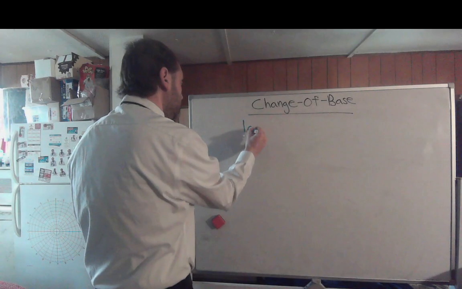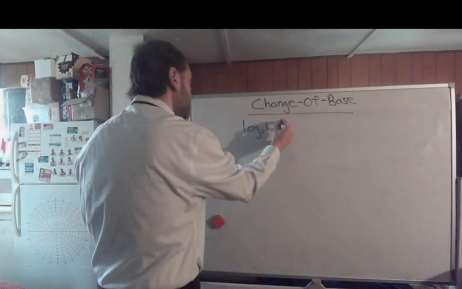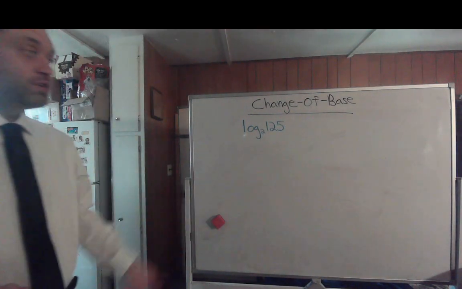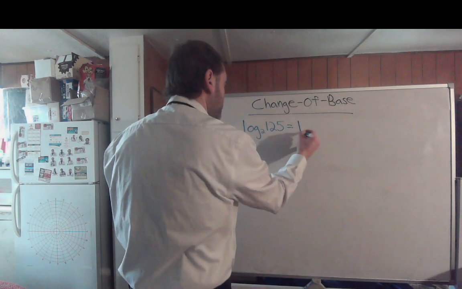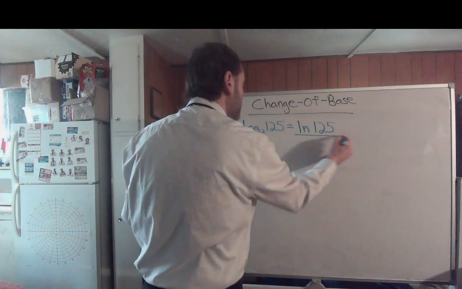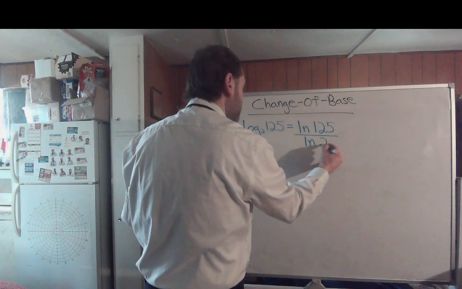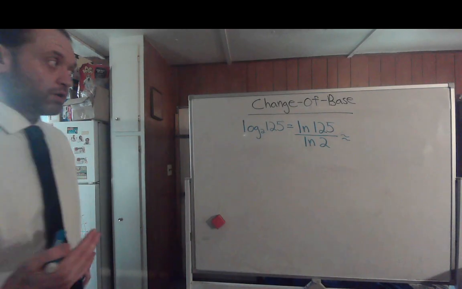How about log base 2 of 125? So I have log base 2 of 125. Well, we can make this the natural log of 125 divided by the natural log of 2, which now we have a format we can totally work with.